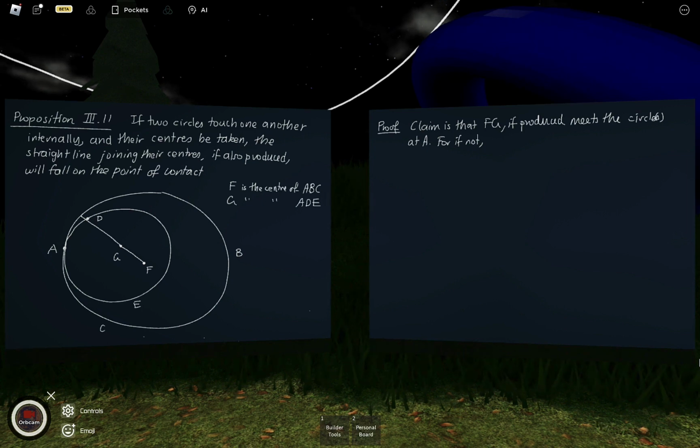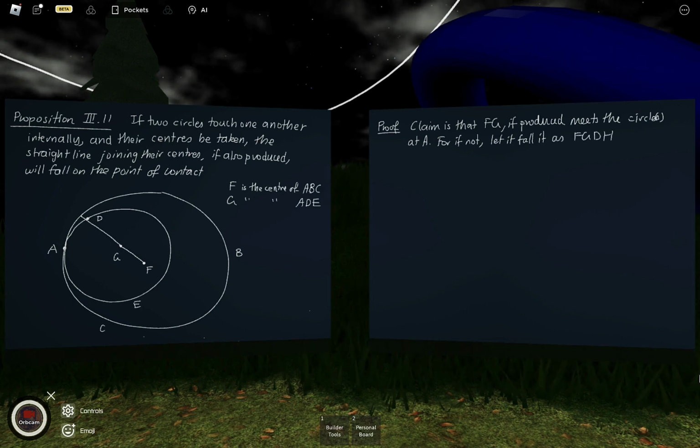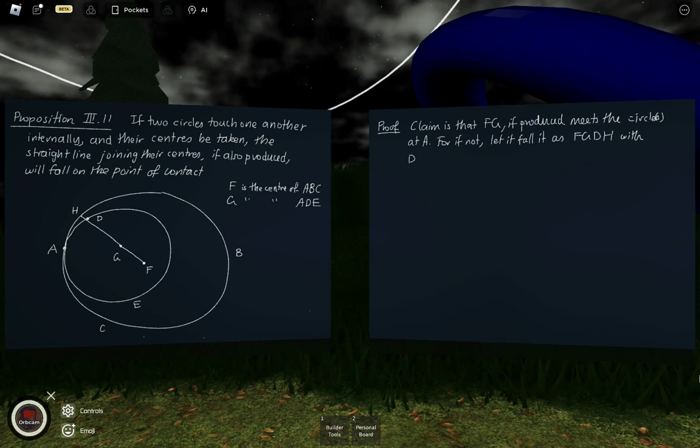I think it's just the hypothesis that's going to lead to the contradiction. So if not, let it fall as FGDH. So I'll annotate the H. It's the point on the outer circle, with D, H, and A all distinct.